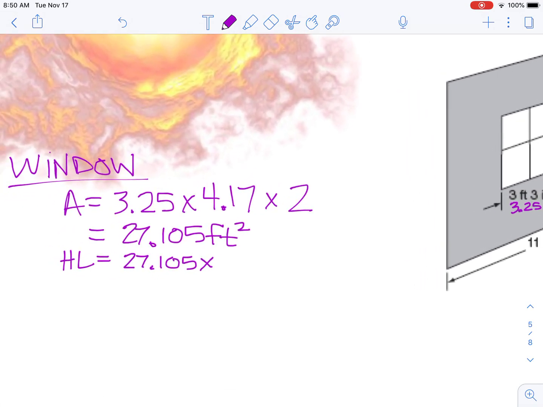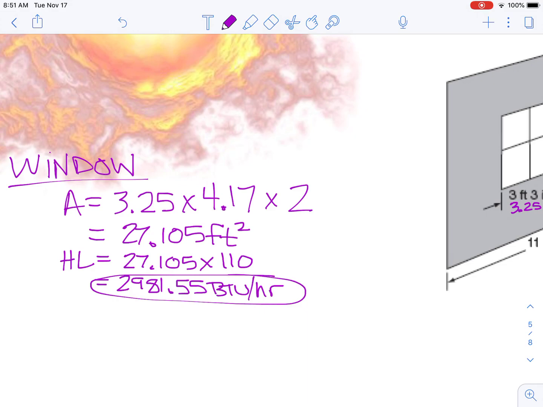So we would multiply this by 110. So the heat load for that would be 2,981.55 BTUs per hour for our windows.